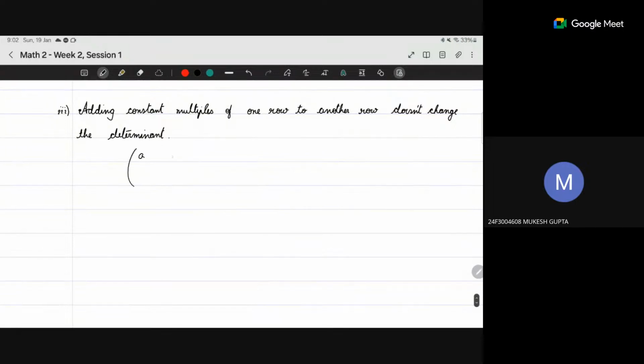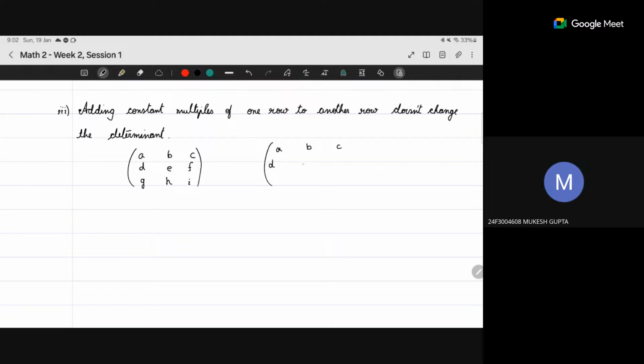Right, so suppose I have something like A, B, C, D, E, F, G, H, I, a 3x3 matrix. Now this has some determinant. You can do A times (EI minus FH) minus B times and so on. That determinant is the same as doing, for example, here I've talked about rows, so let me do that itself. I'll keep row 1 as it is.